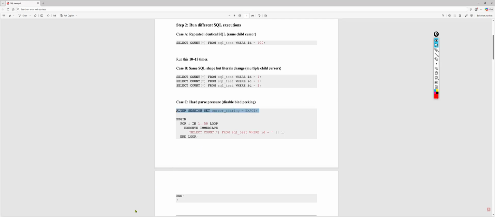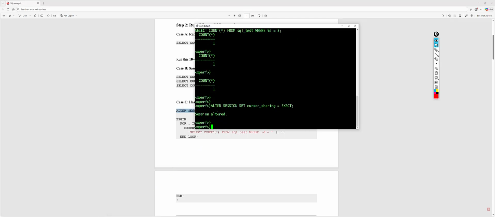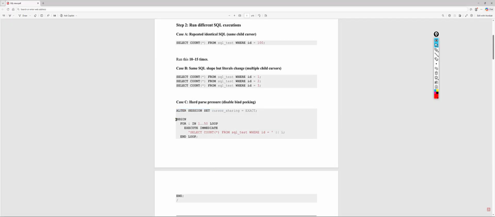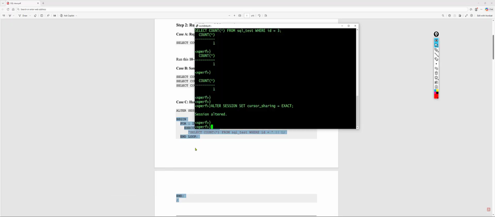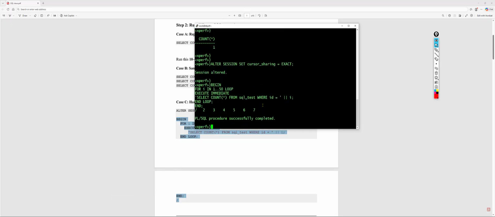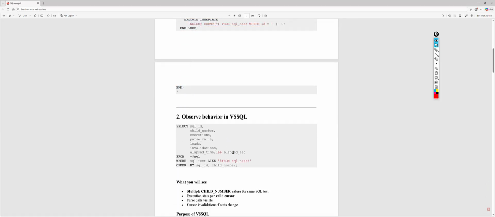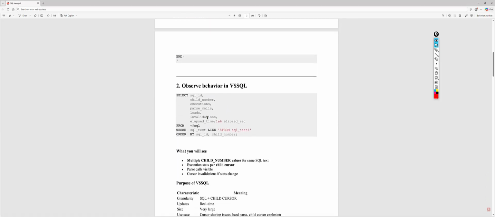So now let us set cursor_sharing to exact at the session level, and let us execute the statement 50 times with the help of a PL/SQL procedure.